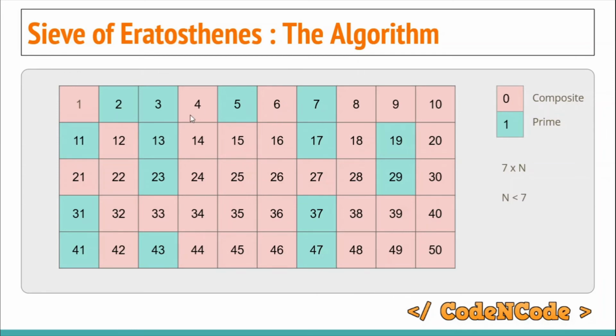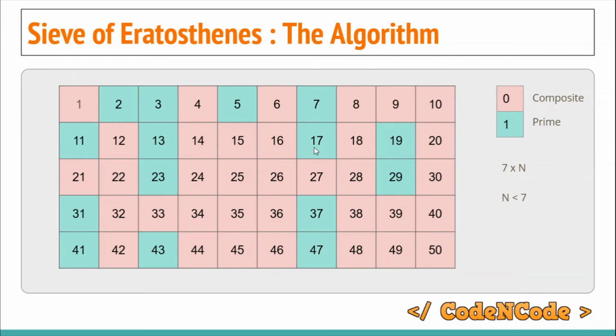And why does it happen that if the ith number is not colored composite, then it's prime? Because if no prime number smaller than it is able to divide this number, if this number is not a multiple of any smaller prime number, then it has to be a prime number.